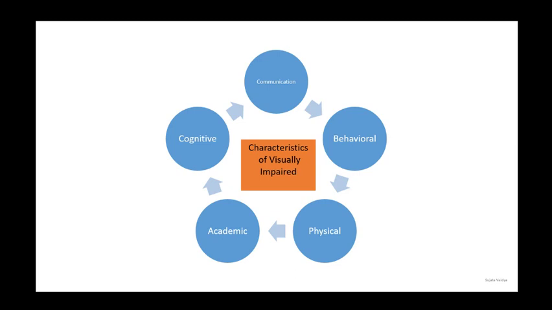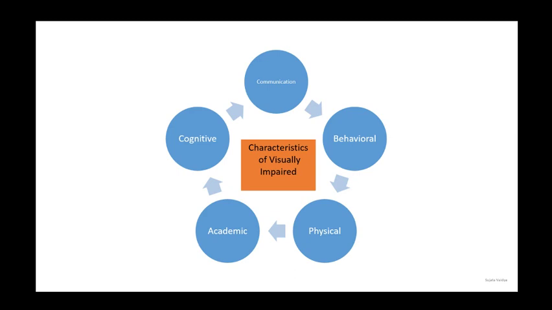So there are different characteristics of a visually impaired child. Cognitive characteristics: a visually impaired child is not necessarily intellectually retarded, but may perform poorly on standard intelligence tests. Normal students can learn most concepts through visual means, and as a visually impaired child lacks visual sight, they may perform poorly on standard intelligence tests, or academically.